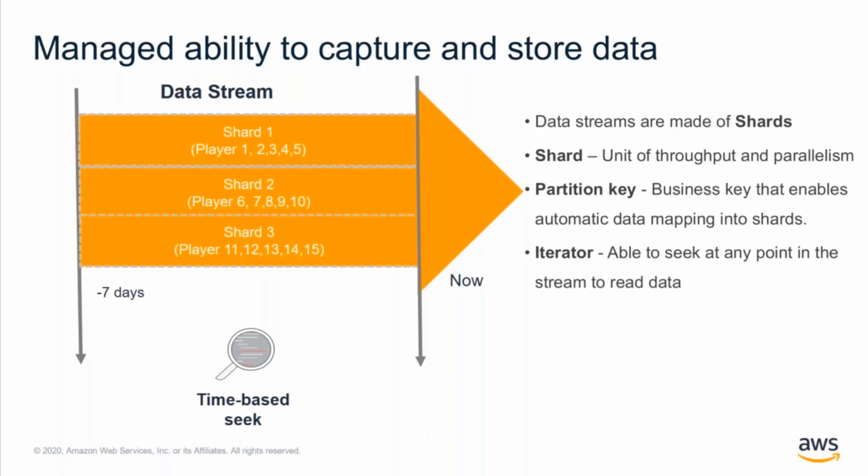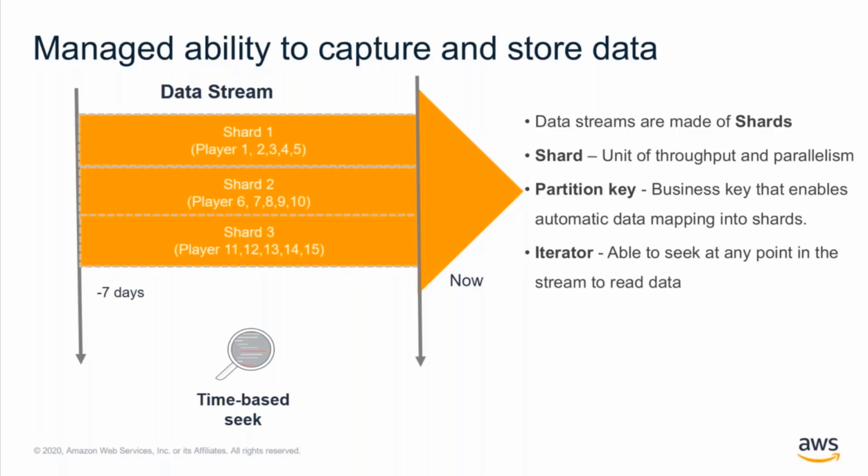Kinesis also works as a time-based seek when you're retrieving data. You can have up to 7-day retention for a Kinesis data stream, and you can use the iterator to go to any given point in time and start processing from then onwards. Think of it as a big pointer that you use to go back in the stream and start retrieving data from.